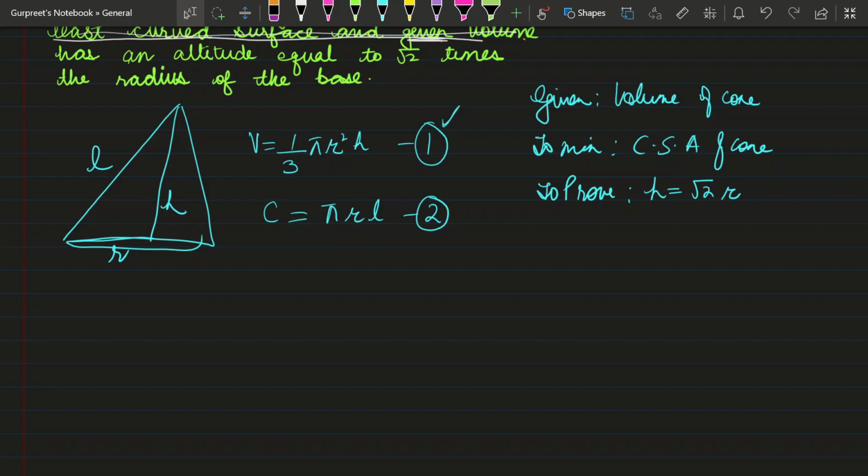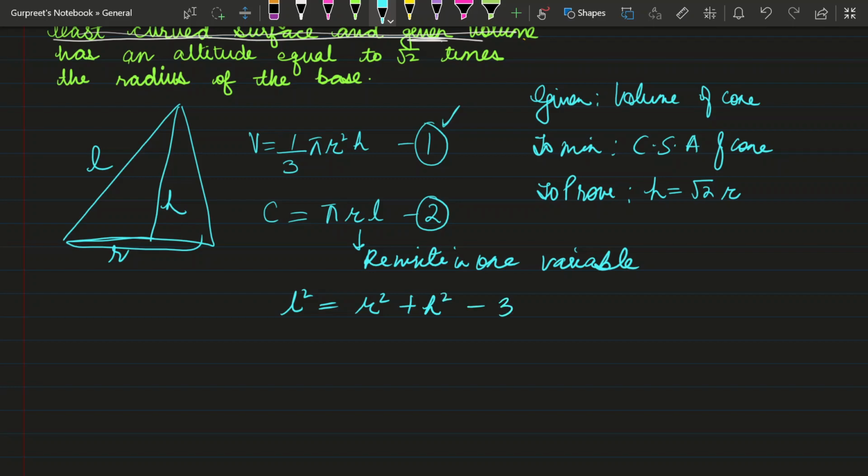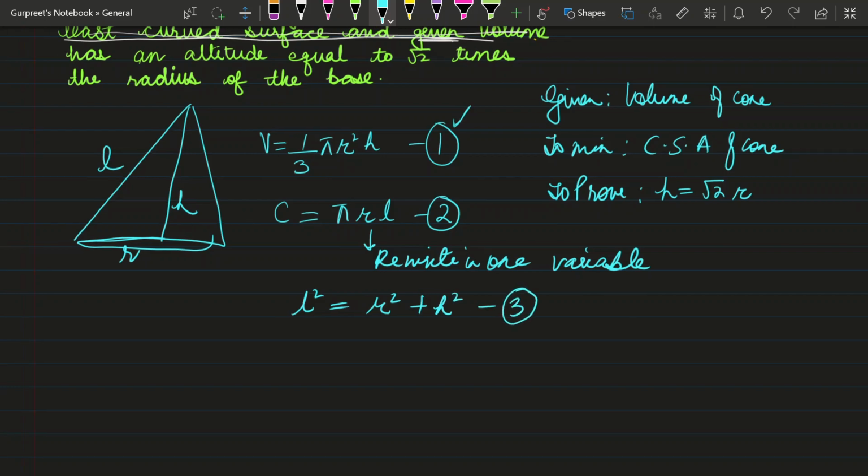You have to rewrite this in one variable. Variable means either it should be written in terms of r or l. Also, whenever you have a cone, you can use this knowledge that l square equals r square plus h square. Let this be equation number 3.